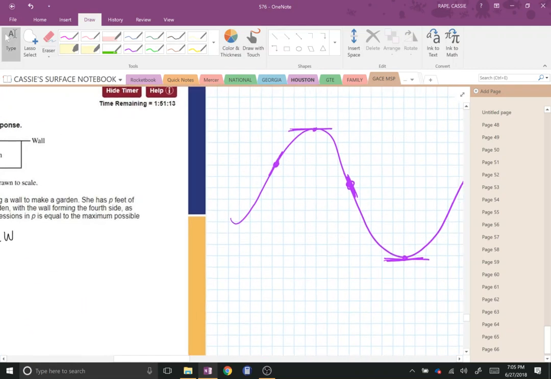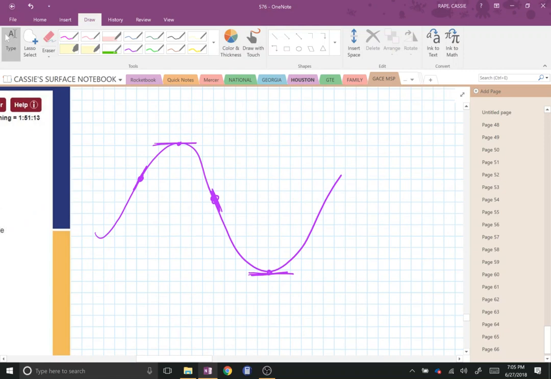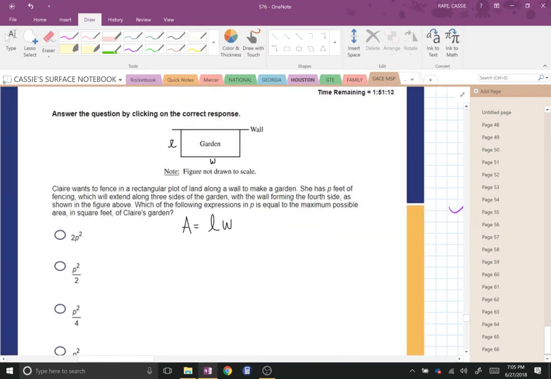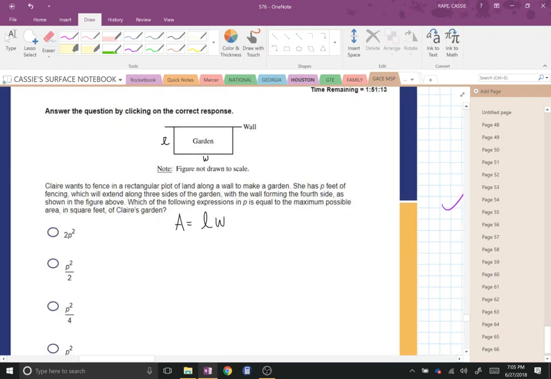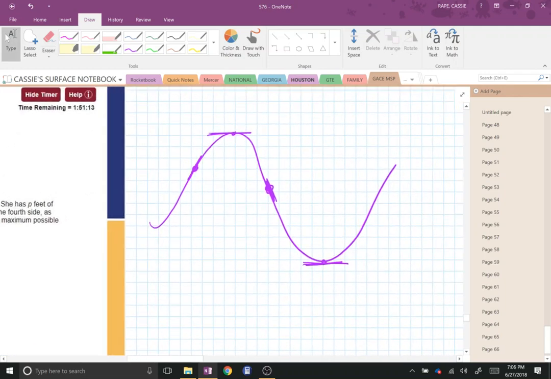I want to quickly talk to you about why maximization works. With maximization problems, what you do is take the derivative, because the derivative will show you the slope.